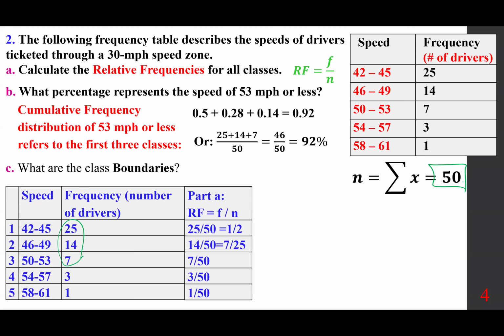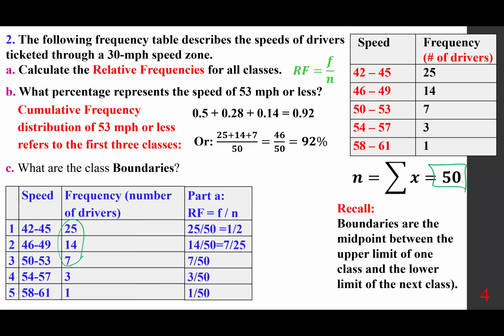What about the boundaries? Well, reminding everyone, boundaries are the midpoint between the upper limit of one class and the lower limit of the next class. So for example, for these two, 45 plus 46 divided by 2 gives 45.5, which is the upper boundary of the first and lower boundary of the second class.